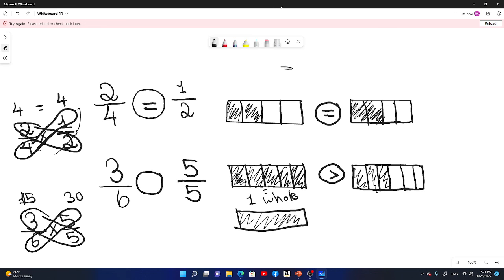As you can see, that 30 is greater, so we do this. So 3 out of 6 is less than 5 out of 5. So that is basically how you compare fractions.